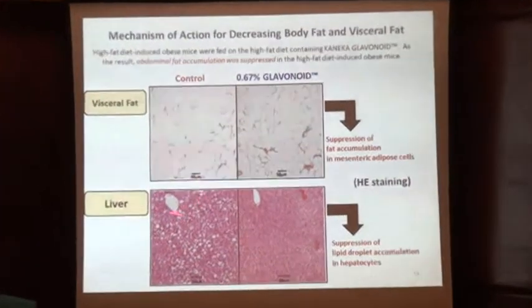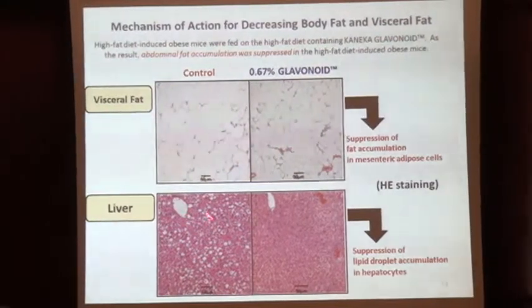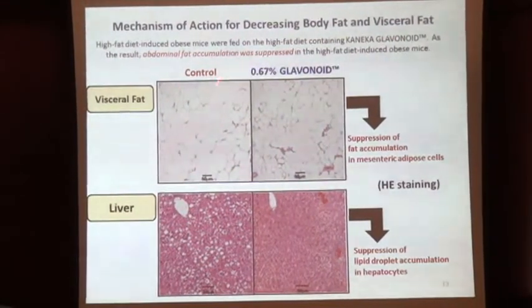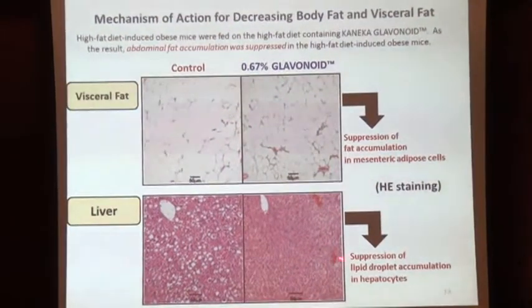In the liver, there are lots of fat droplets in the control group. But in the flavonoid group, the fat droplets disappeared completely. So it means flavonoids suppress lipid droplet accumulation in the hepatic cells.